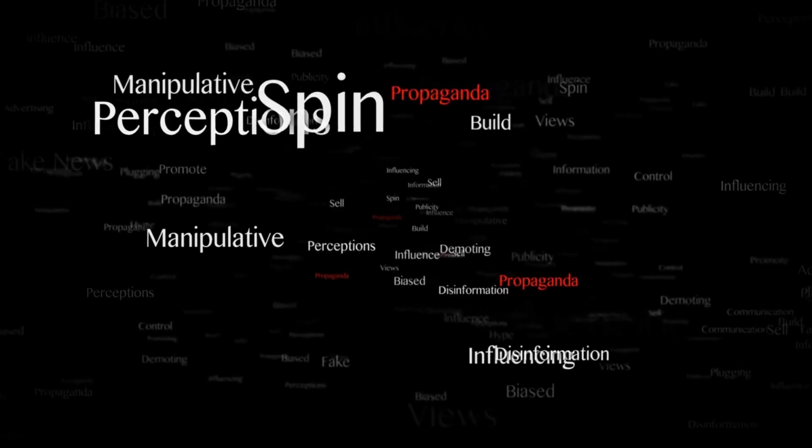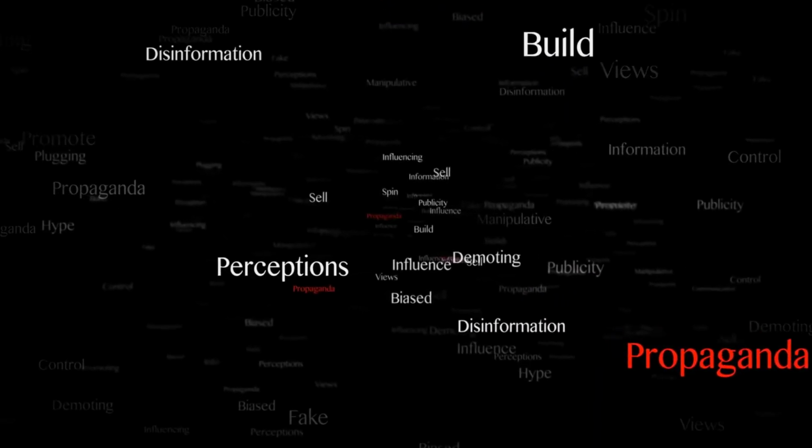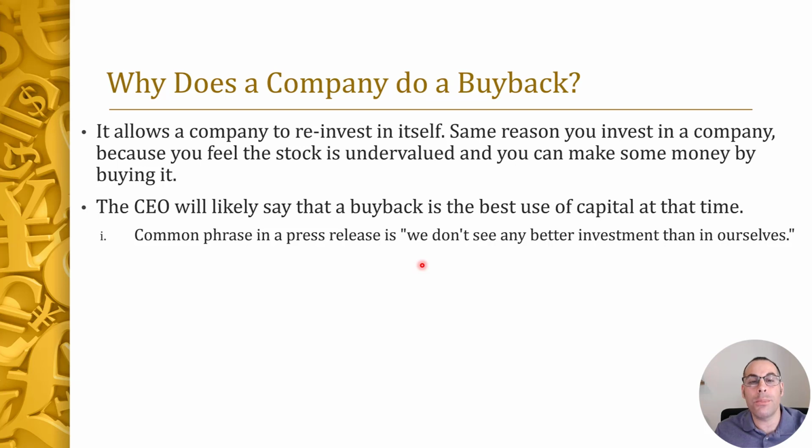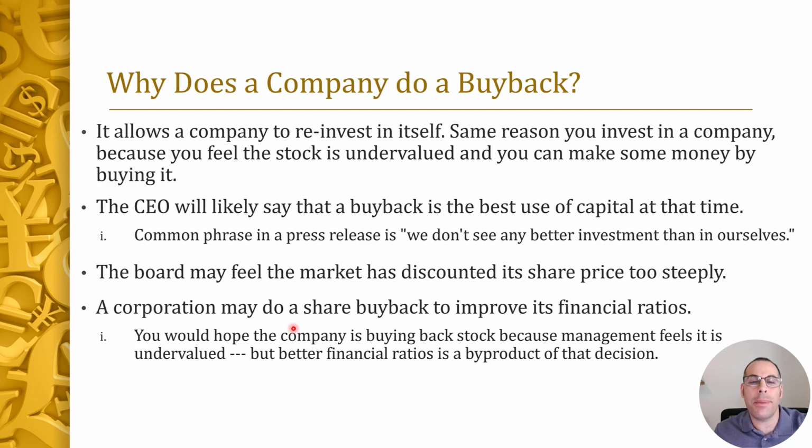You may see in a press release, we don't see any better investment than in ourselves. That could be the case, but what's more likely is they're trying to inflate their financial ratios. You would hope a company does a buyback because they think their stock price is too depressed. And when you do a buyback, a byproduct is better financial ratios. I'll show you on the next slide.